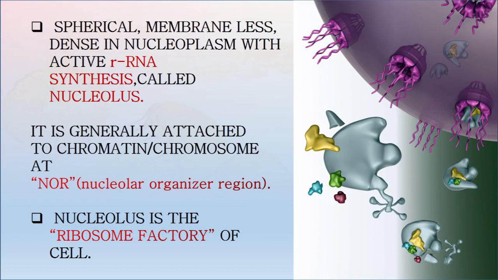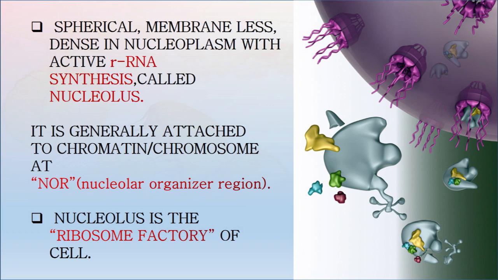A certain part of euchromatin contains genes for ribosomal protein and ribosomal RNA synthesis. R protein and rRNA are used to develop ribosomes. Here R represents ribosomes. Thus, the rRNA and R protein synthesizing part of chromatin is called the nucleolus or ribosomal factory of the cell.